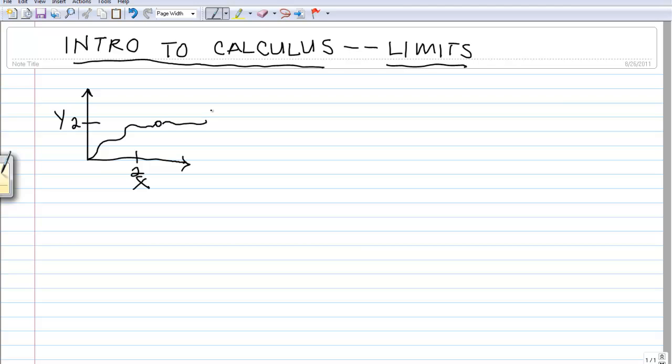This would be what we would do with a limit. So let's say that we want the value at x equals 3. We write out the equation as the limit as x approaches 3. Okay? And we'll just call this f of x.